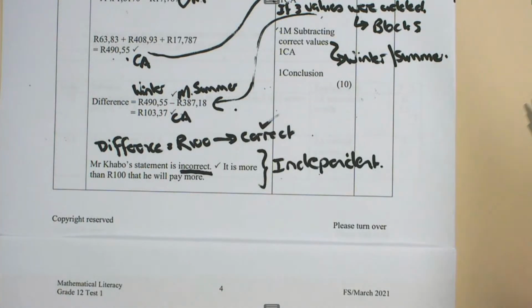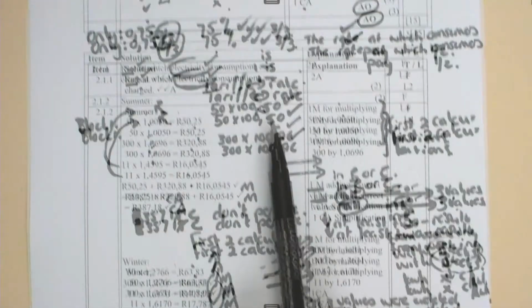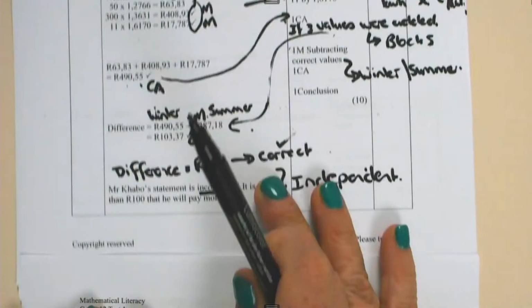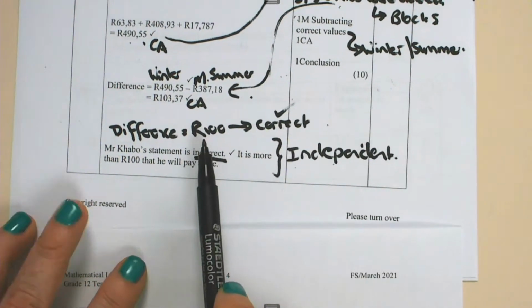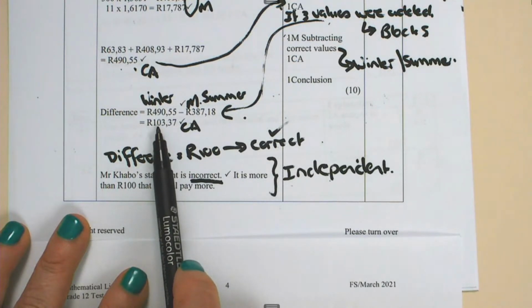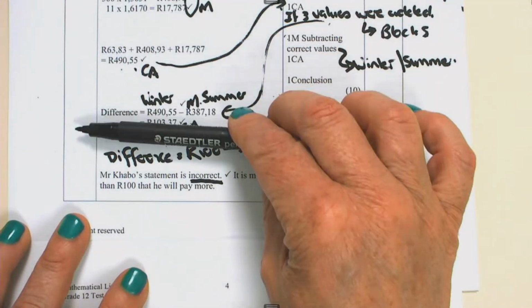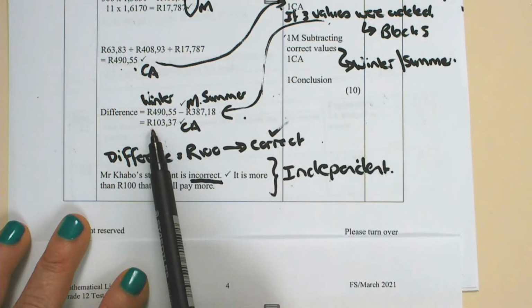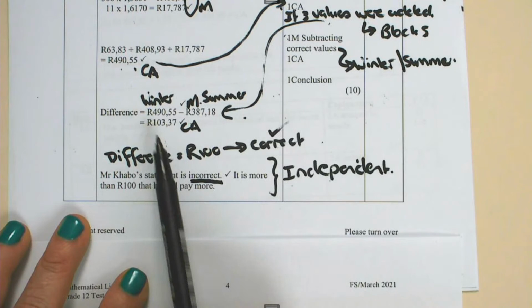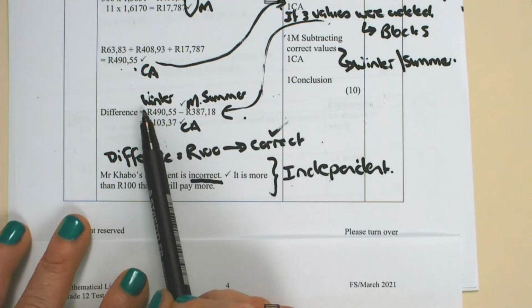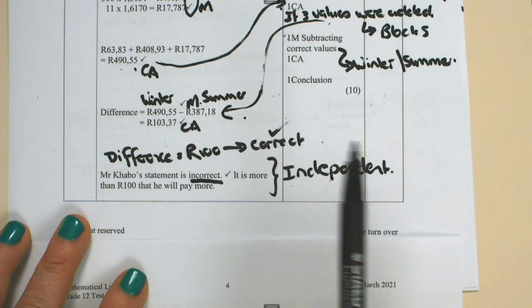Which brings me back now to learners who maybe do the whole thing in terms of cents and not rands. Now, to be able to compare it with 100 rand, they only need to convert in the final step to rand. So they can work with cents all the way. Then you don't penalize. It is just that the final answer must be in rand so that they will be able to compare the 100 rand with the rands that they get here as an answer.